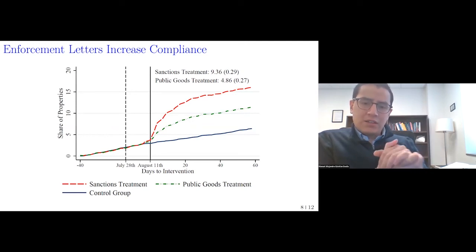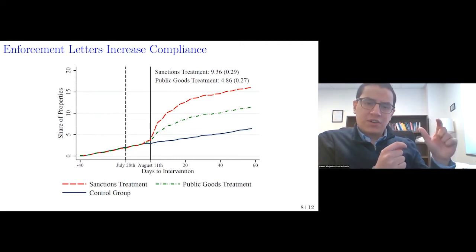On the other hand, the dotted red line in the graph represents the payment behavior of individuals in the sanctions treatment. Remember, these are the individuals that received a letter highlighting the potential legal consequences that the taxpayer may face if she doesn't pay her taxes.